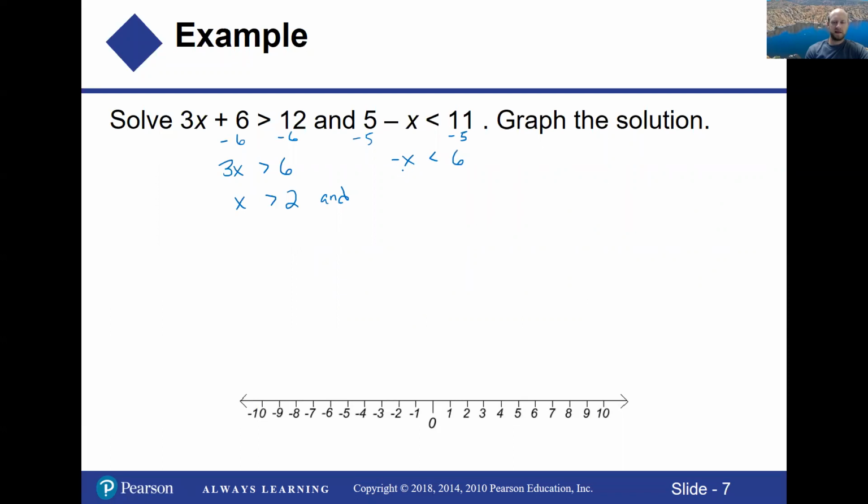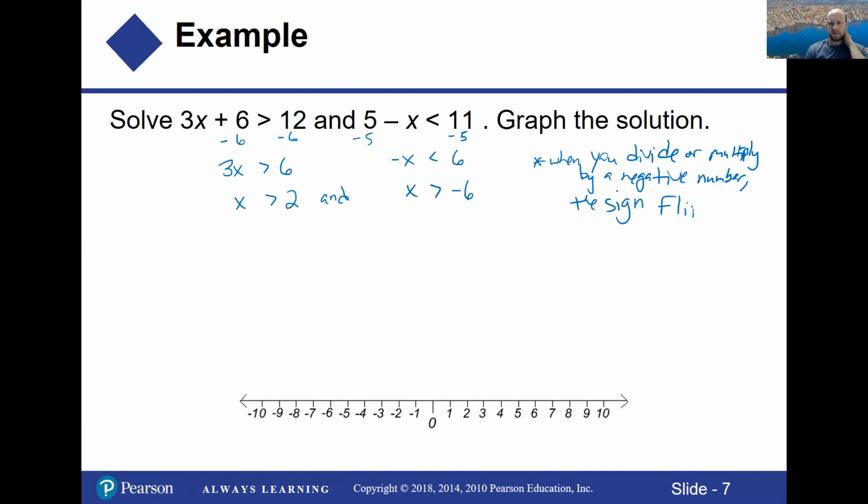Now I divide by what? I divide by the -1 to get x positive. So what does that do? That actually flips this sign and changes the sign of the other one. So just kind of a quick note, when you divide or multiply by a negative number, the sign flips.